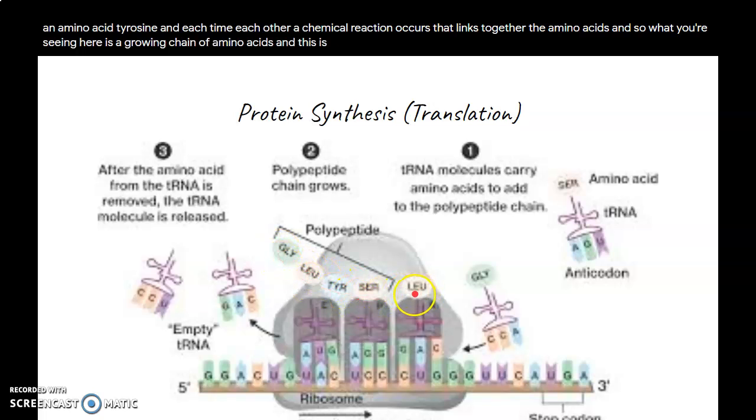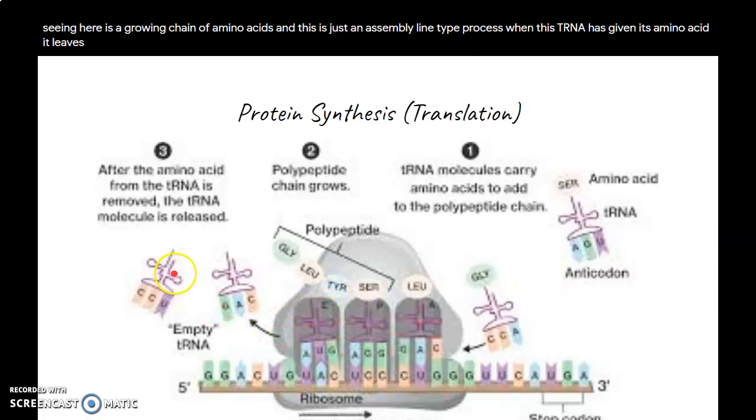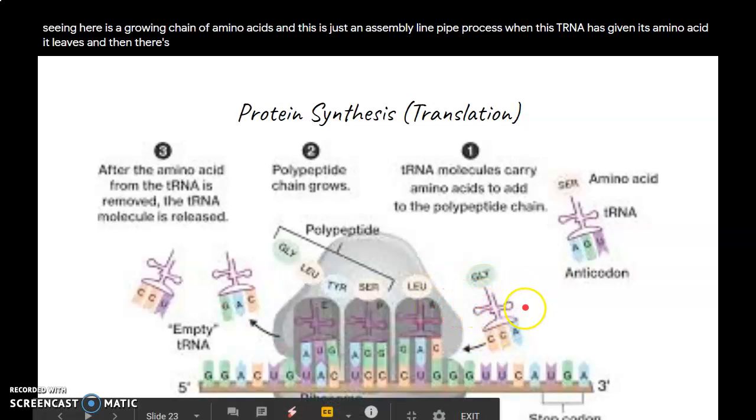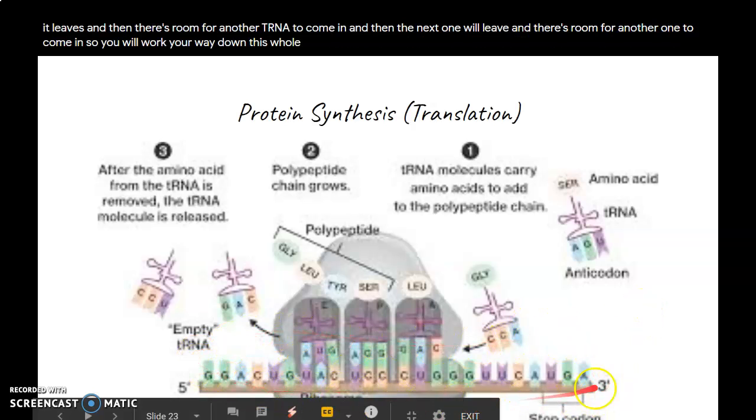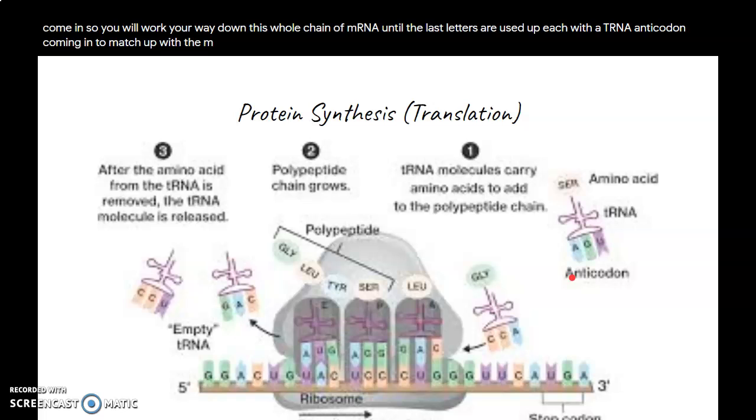And this is just an assembly line type process. When this tRNA has given its amino acid, it leaves, and then there's room for another tRNA to come in. And then the next one will leave, and there's room for another one to come in. So you will work your way down this whole chain of mRNA until the last letters are used up, each with a tRNA anticodon coming in to match up with the mRNA's codon.